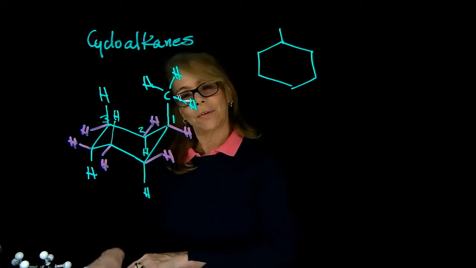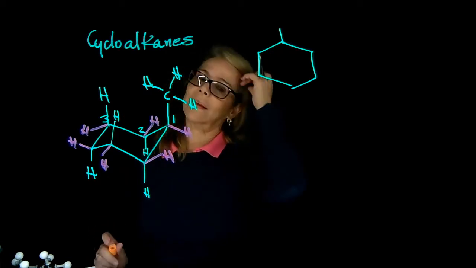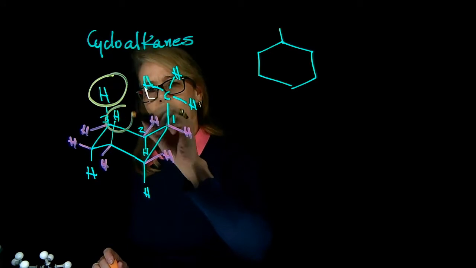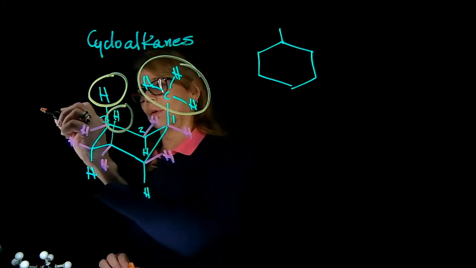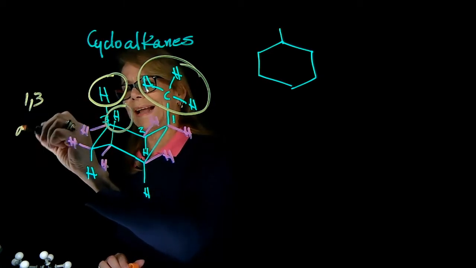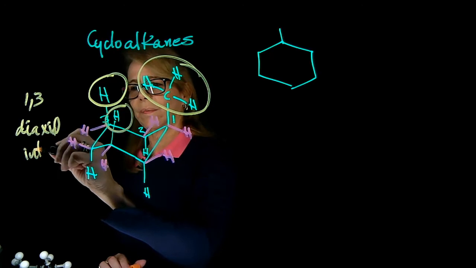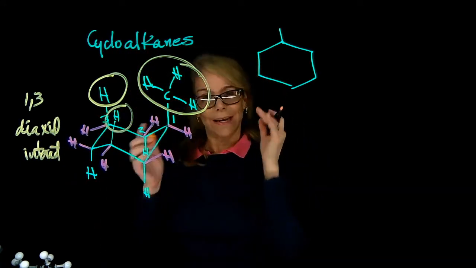So that interaction causes the energy to be greater in this conformation. So now this is bumping to that. This interaction is called 1,3-diaxial interaction, and it exists when the substituent is axial, making the energy greater.